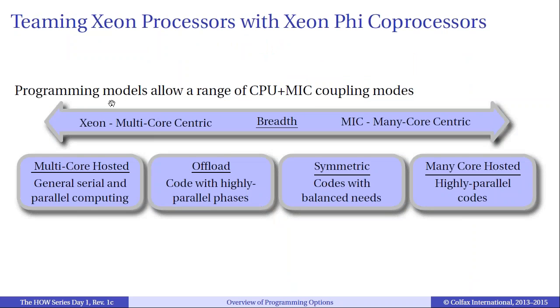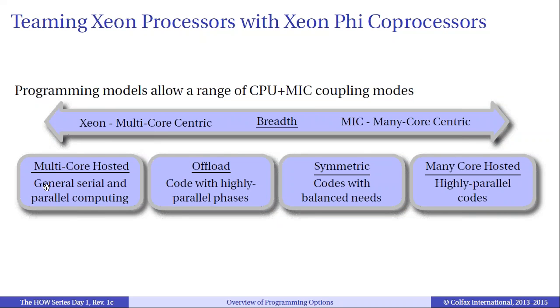Because you have these two programming models, and you have Xeon and Xeon Phi coexisting in one system, in principle, you have many approaches to programming your applications. For example, if your application has a lot of serial parts, it doesn't parallelize well, or it has a lot of file I/O operations, then you can run the entire application on the Xeon, on the host.